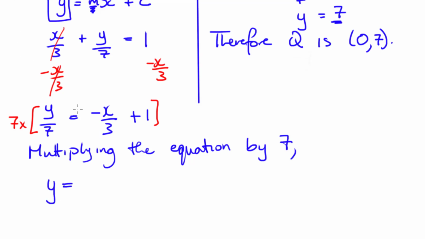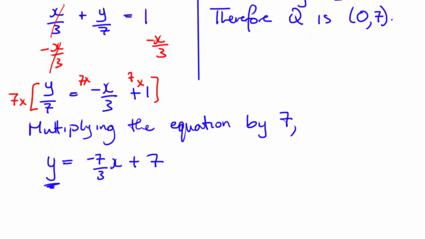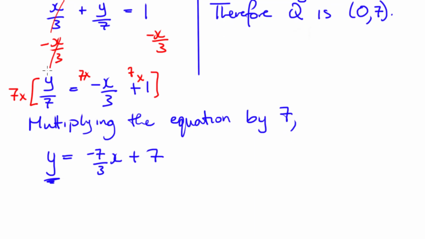I'd also multiply negative a third of x by 7, which gives me negative 7/3 of x. And I'm also going to multiply 1 by 7, which is 7. Now, y is the subject of the equation. It's in the general form, and the gradient of the line is negative 7/3, as you can see right here.